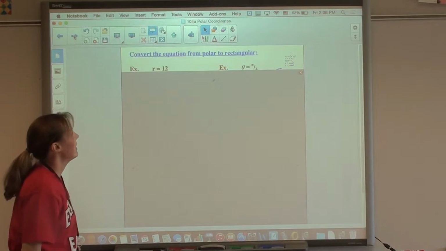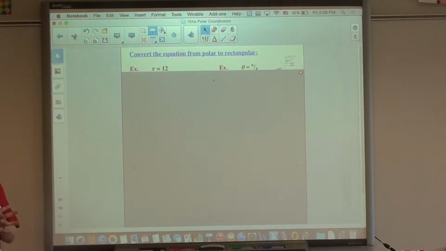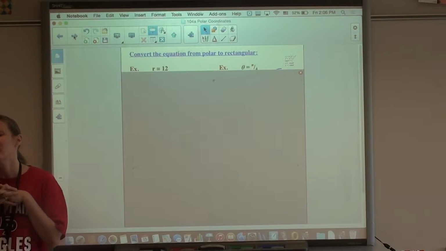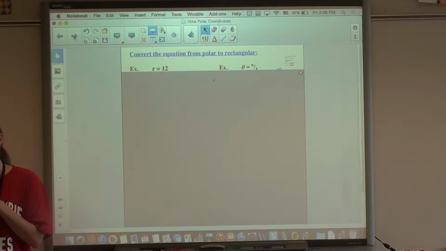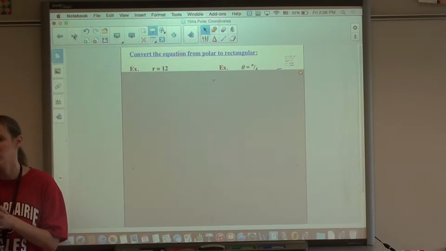Okay, a few more and then we get to do some fun stuff. So convert the equation from polar to rectangular. So the first one, if r is 12, I personally do not like replacing r with plus or minus the square root of x squared plus y squared, so I square both sides. And that way I can just replace r squared with x squared plus y squared, and I don't have any funky roots.